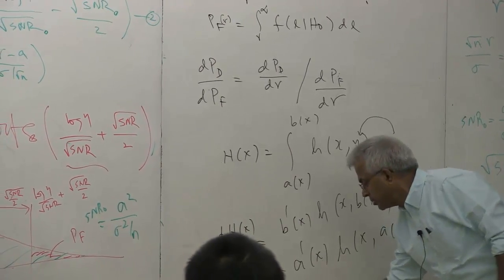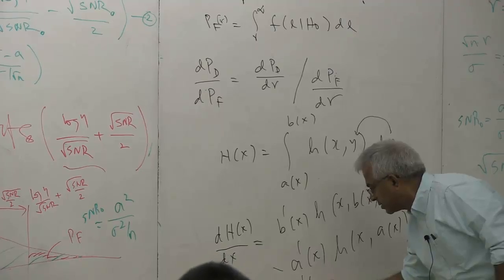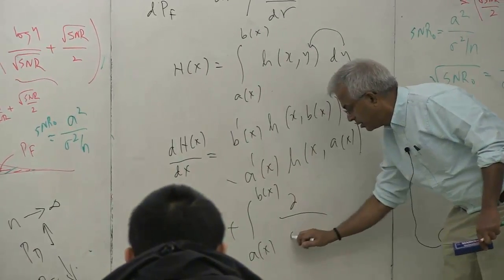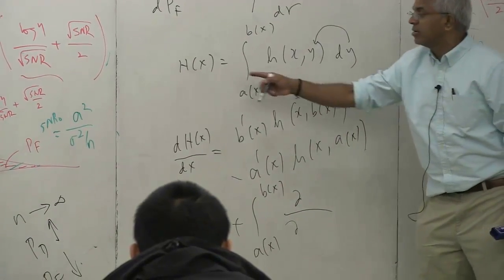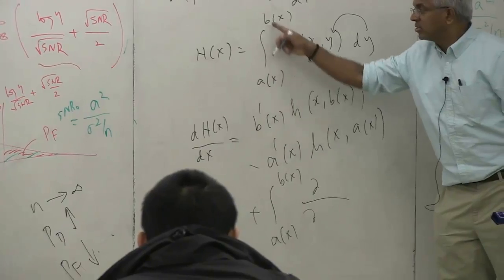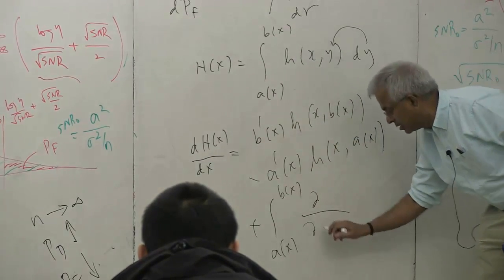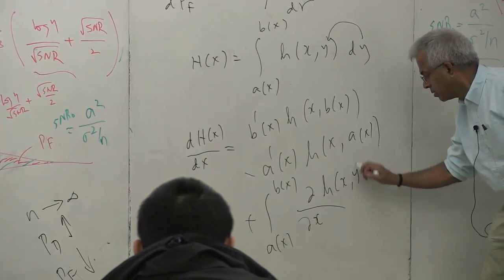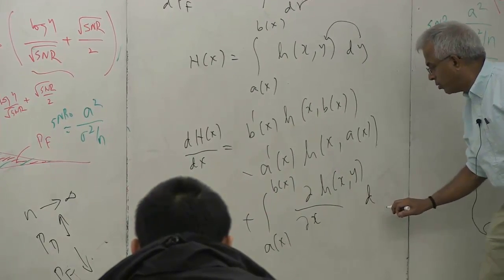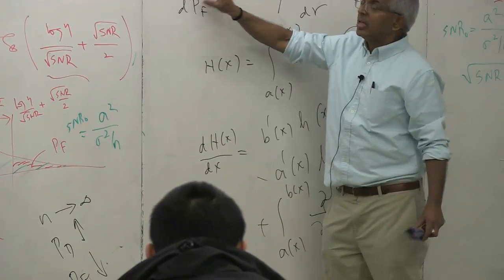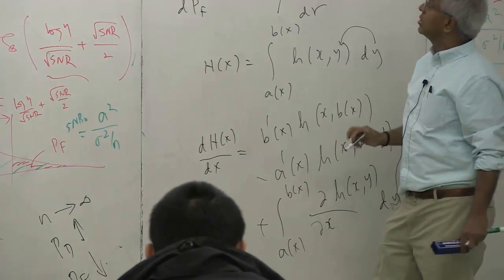And the third term is, the limits stay as a(x) and b(x), and inside you take the derivative. So it's not enough to take just the derivative of this. Of course, if these are constants, these terms are absent, then this is right. So why don't you use this formula to derive this.